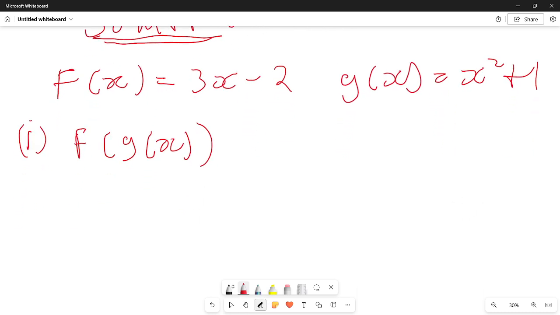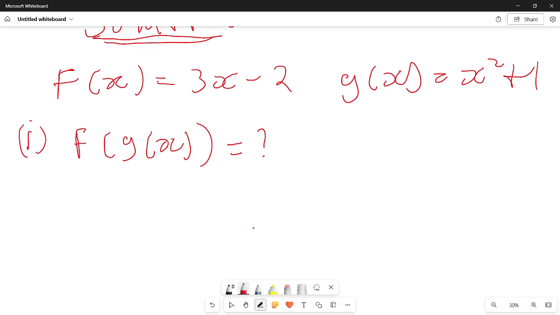So to define f of g of x, this is what is going to happen. But before I show you, I think I should first explain some idea.